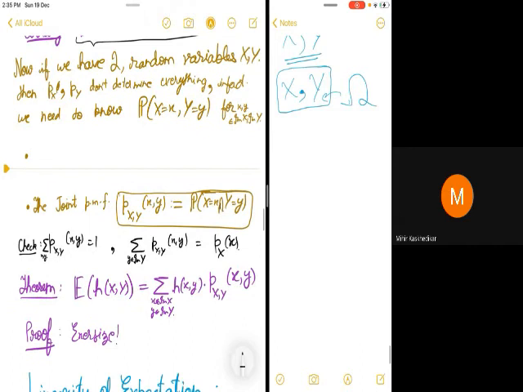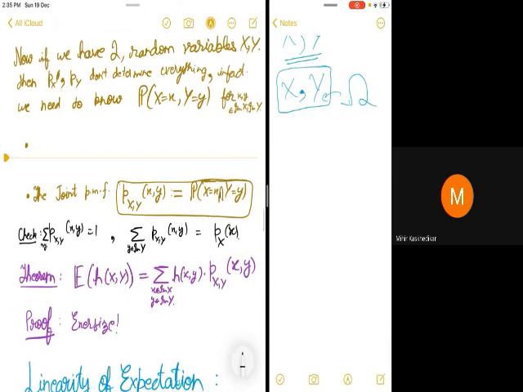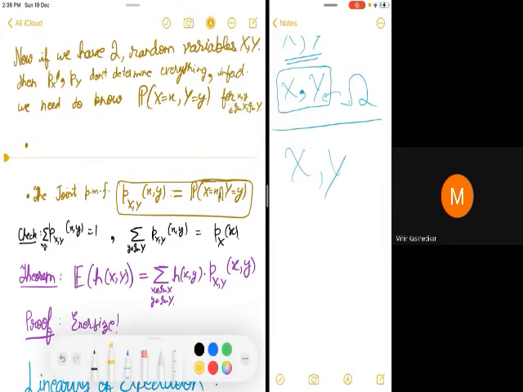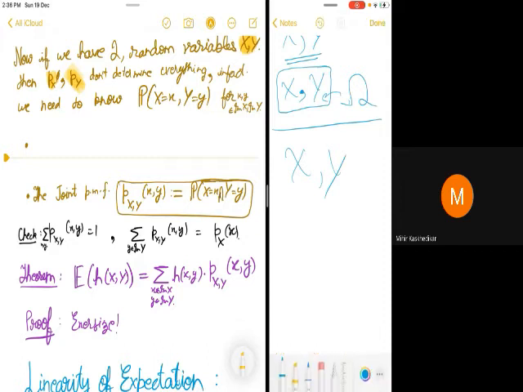Suppose that we have two random variables x and y. We know the probability mass function of x and the probability mass function of y. These two alone do not determine everything.